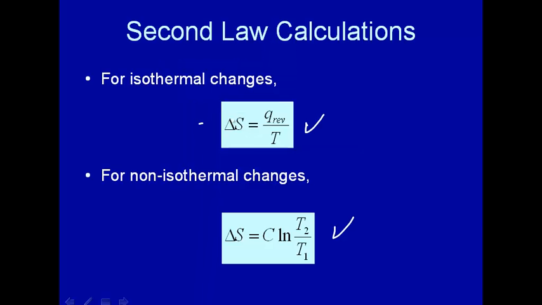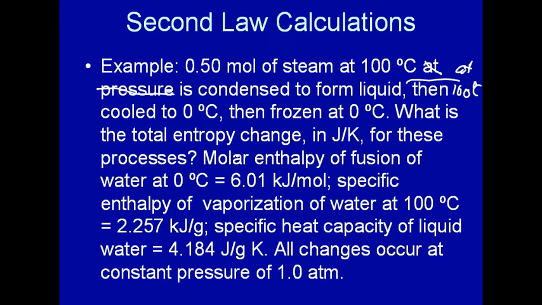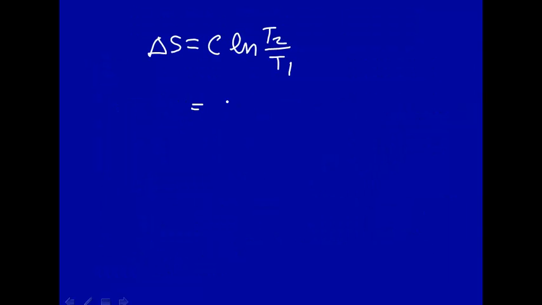So delta S for the second step, just changing temperature, is heat capacity times the natural log of the final temperature divided by the initial temperature. The specific heat capacity given in the problem for liquid water is 4.184 joule per gram Kelvin.